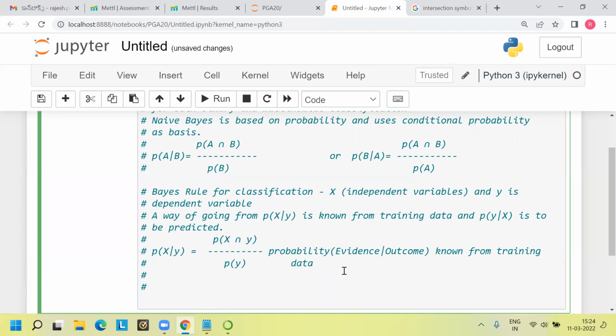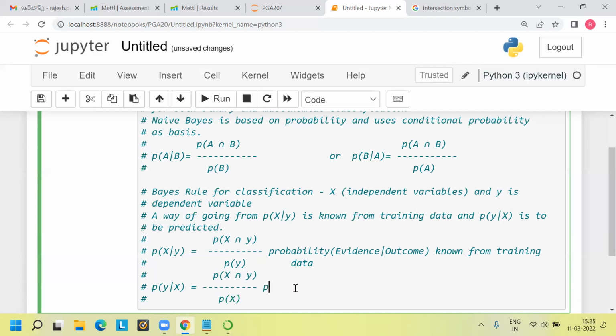And what we are calculating, we have to find out the probability of y given x, which is the same probability of x intersection y divided by probability of x.